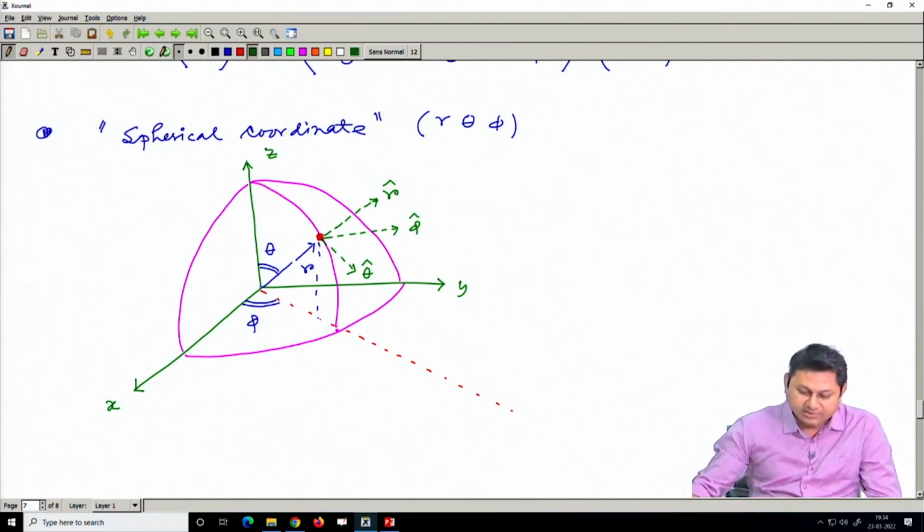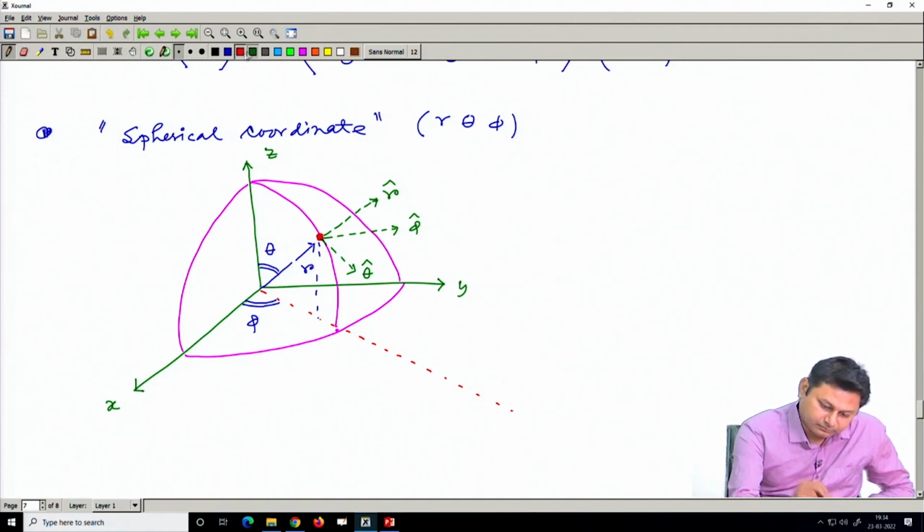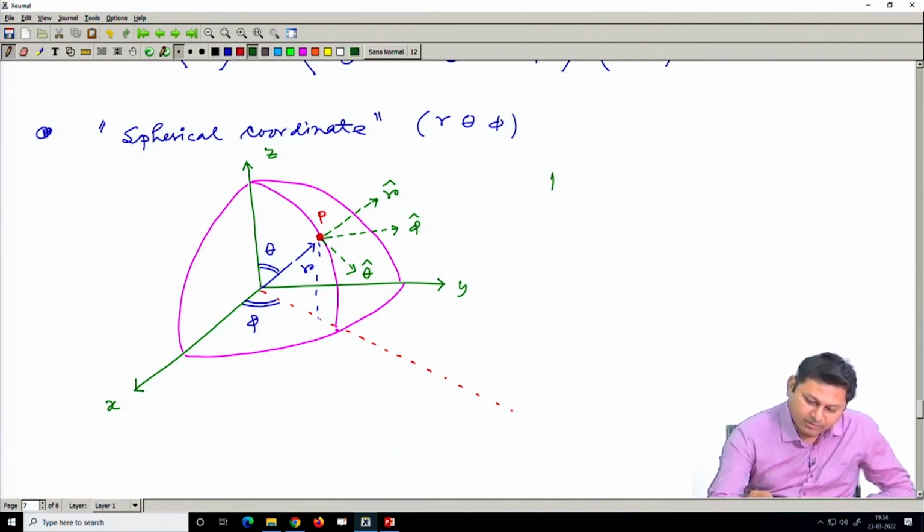What are the restrictions? I should also mention the restrictions. So, this is the point P, defined by r, theta and phi.